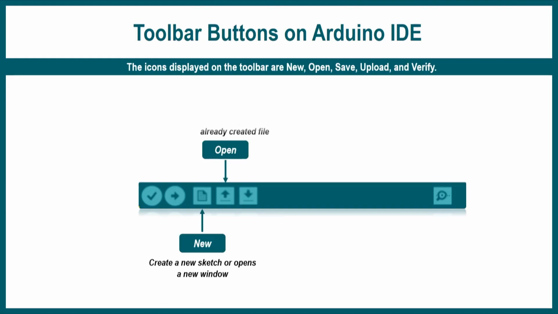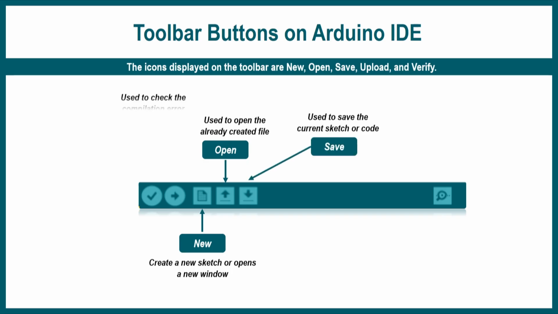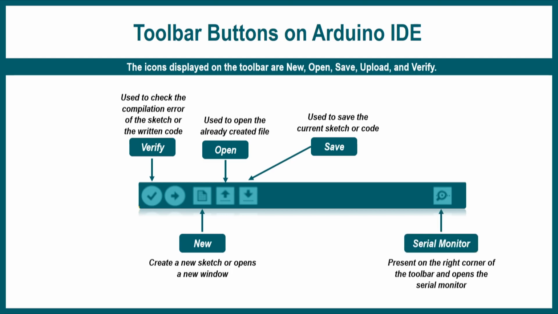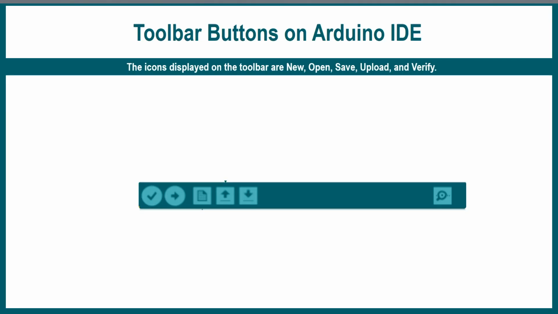In your toolbar, as you can see, there are a few essential options including verify, upload, new, open, save and serial monitor. This one I have already explained, where you can see your outputs from the sensor environment. Now, first we have the verify button.